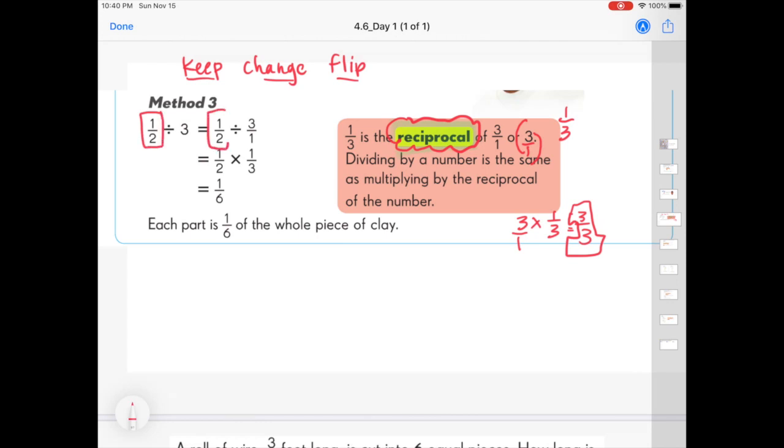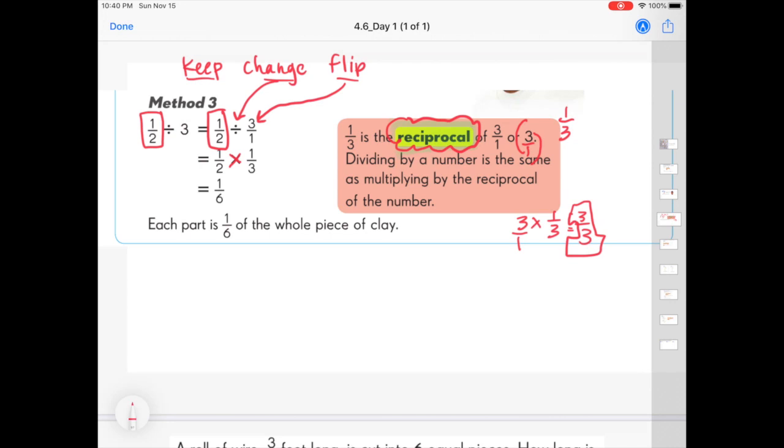There's nothing we do with the half. The change means you're going to change that division sign into a multiplication sign. And the flip means we're going to take the whole number 3 and find its reciprocal. So the reciprocal of 3 is 1/3.